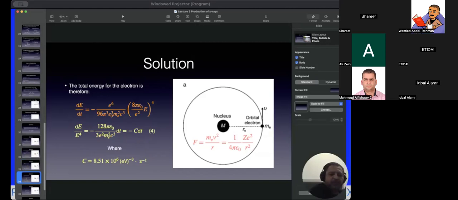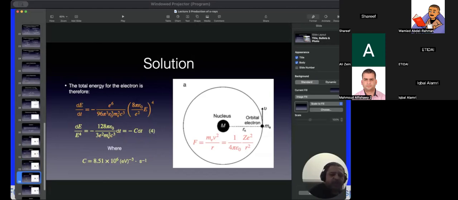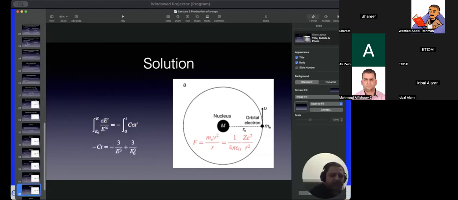Using the relationship between r and E, again we end up with a formula that looks like this. This is like a constant times dt, and then we integrate with respect to the energy, from the Bohr energy of the electron, which is minus 13.6 electron volts, up to minus infinity.